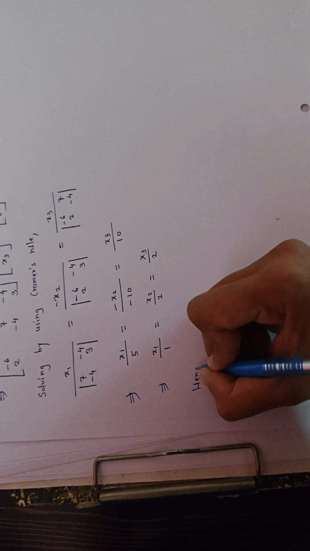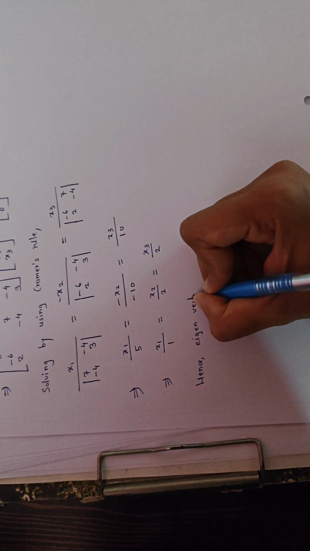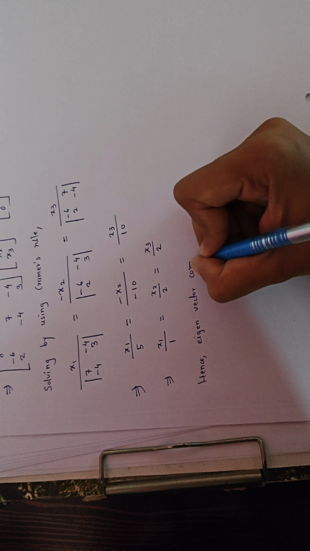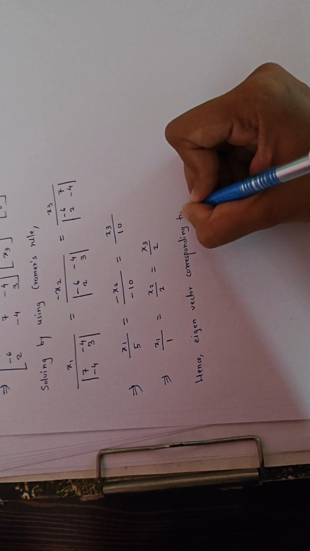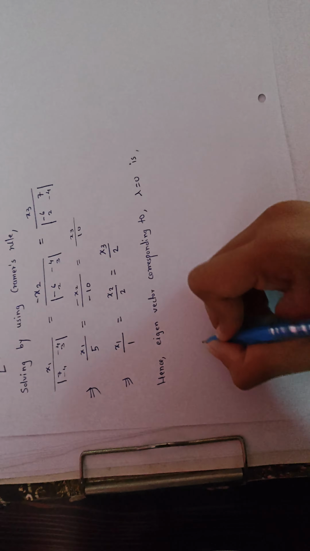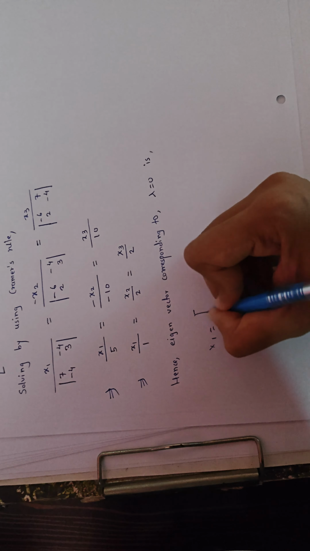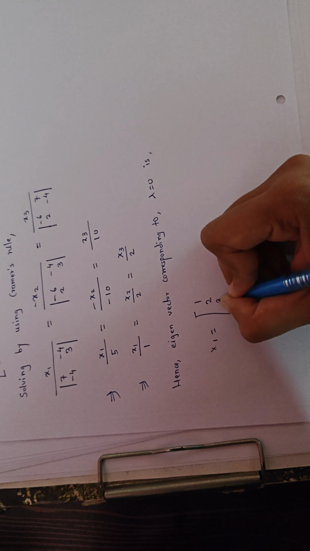Hence, eigenvector corresponding to lambda is equal to 0 is x1 is equal to 1, 2 and 2.